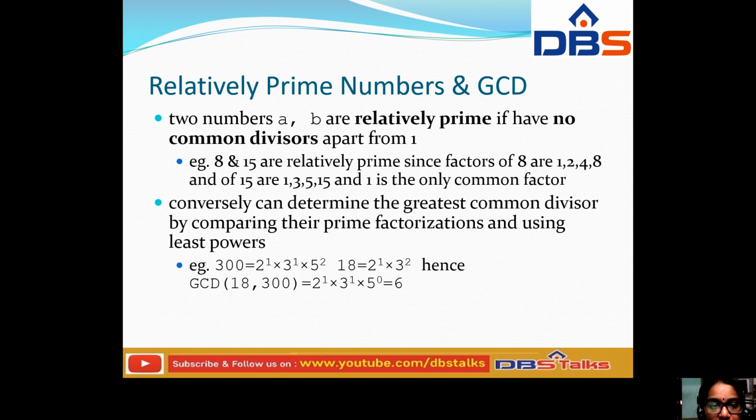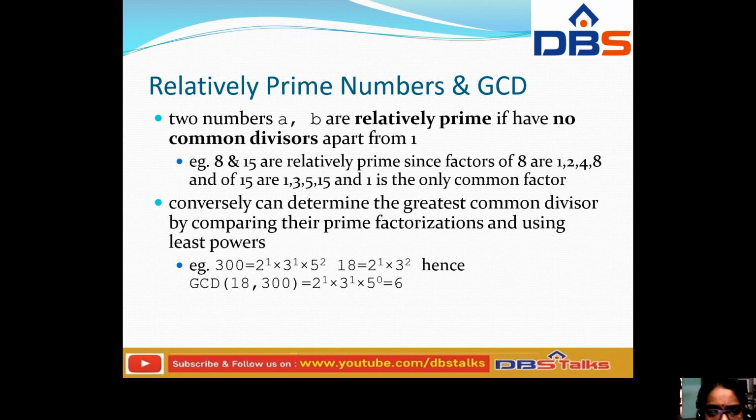For example, 8 and 15 are relatively prime numbers. How can we say these are relatively prime? Because the factors of 8 are 1, 2, 4, 8, that is 8 is divisible by 1, 2, 4 and 8.